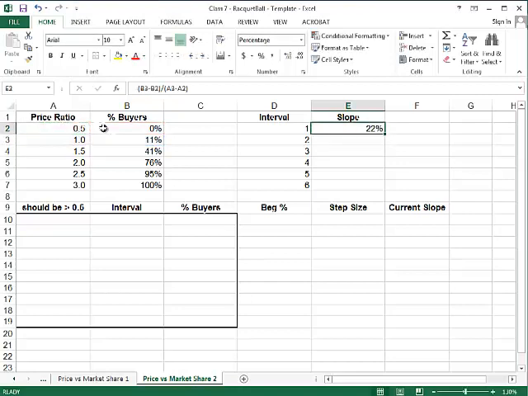This tells me that in the first interval my slope is 0.22, and if I copy paste this, I will get that my slope goes from 22% to 60% to 70%, etc.